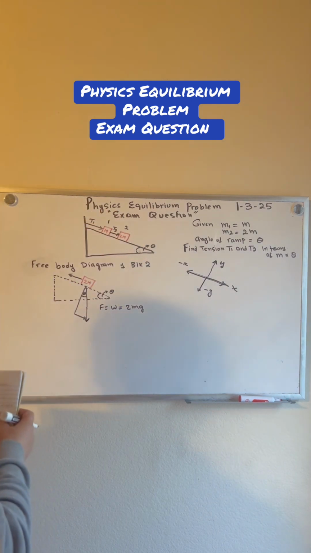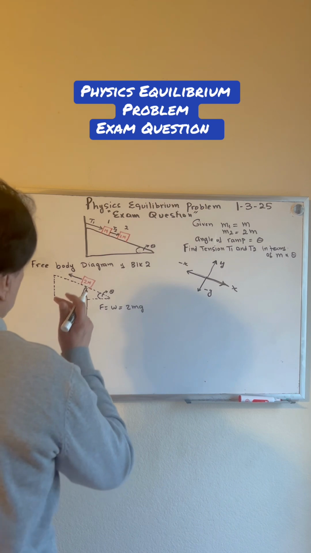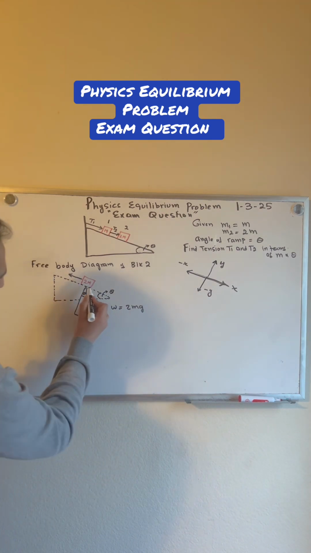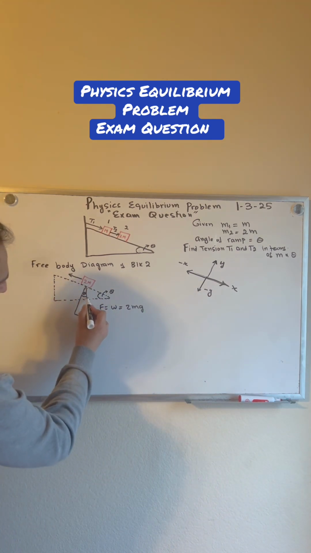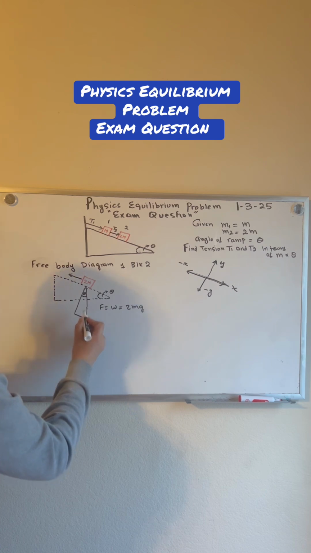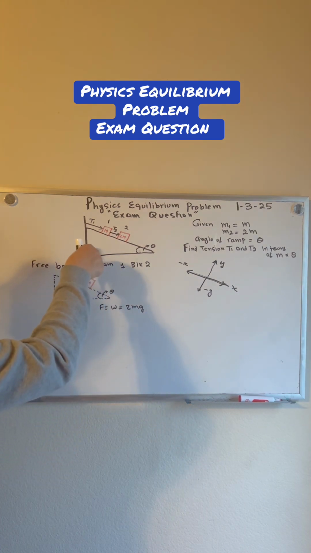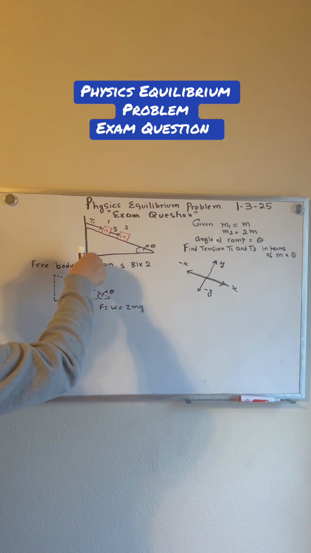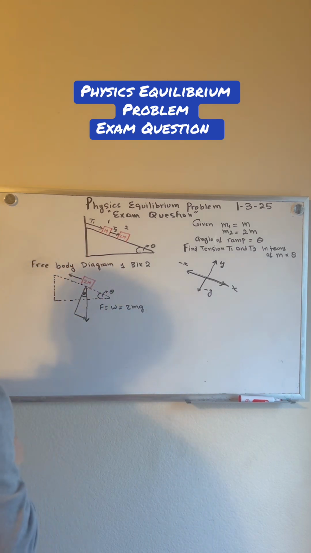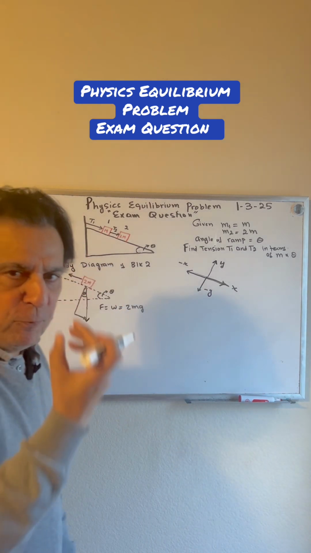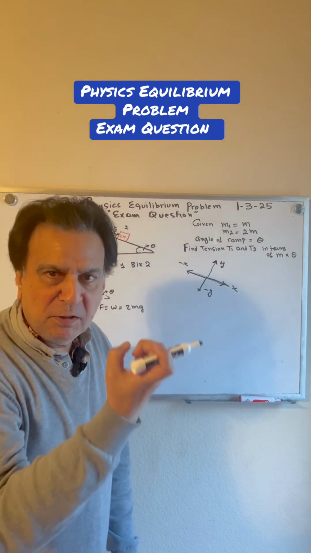Okay, so now let me ask you this. What I can do is basically say, obviously there is a weight component. You have this body on the ramp which has a weight which is basically going vertically down. That is the force which is pulling the block downwards.